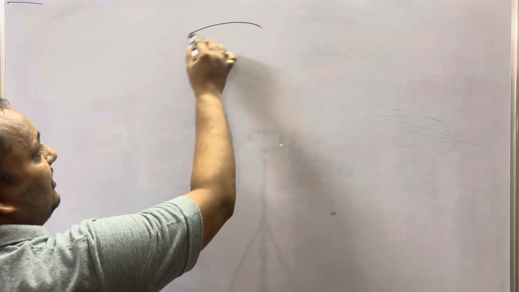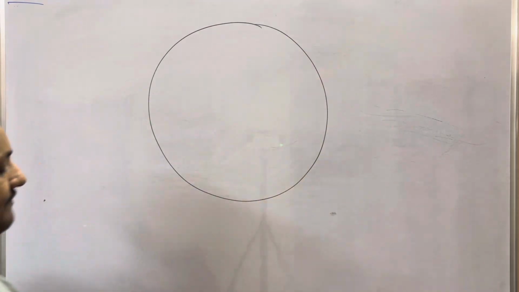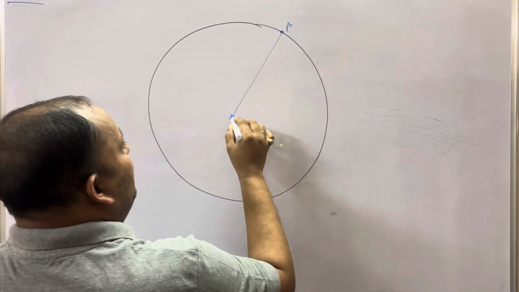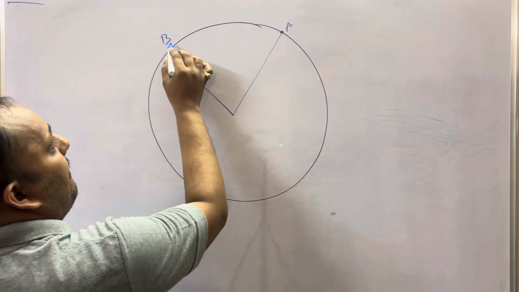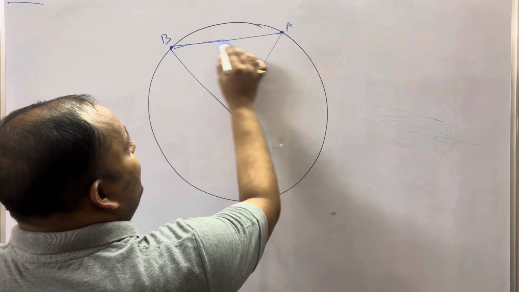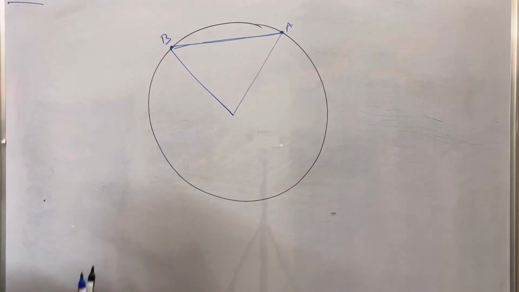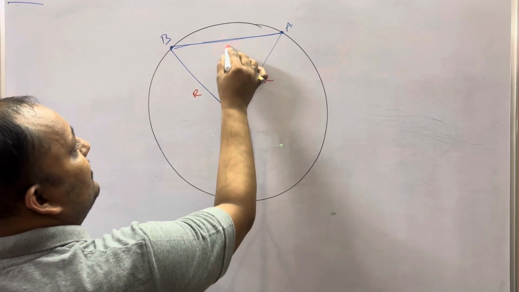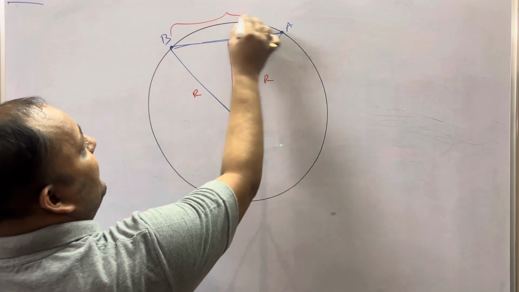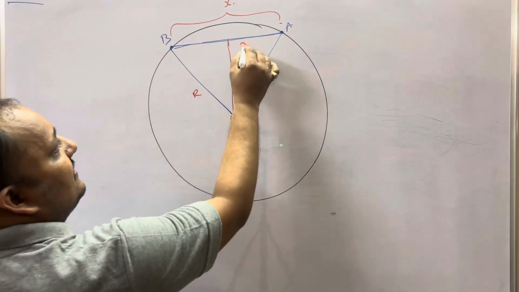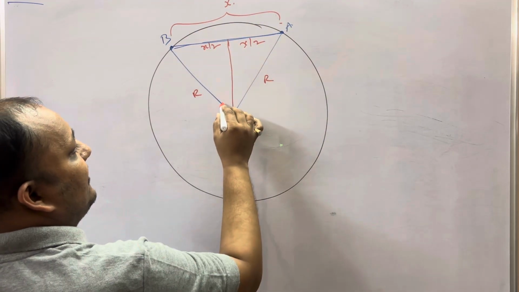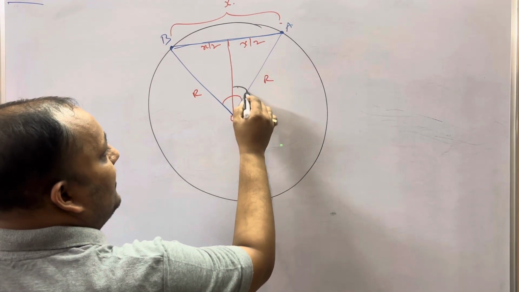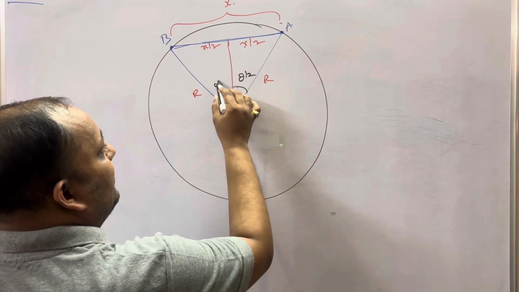If the object is moving in a circular path, now it is covering from A to B. So AB is nothing but the shortest possible distance. Divide this into two parts. Let this AB be x, so this is going to be x by 2, x by 2. If the total angle is theta, this part is going to be theta by 2, theta by 2.